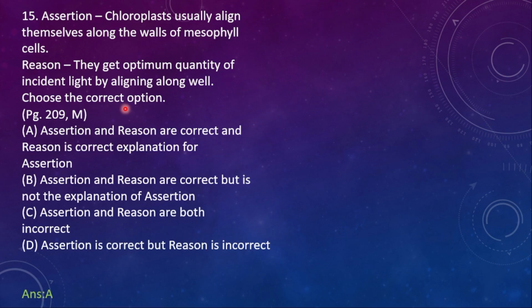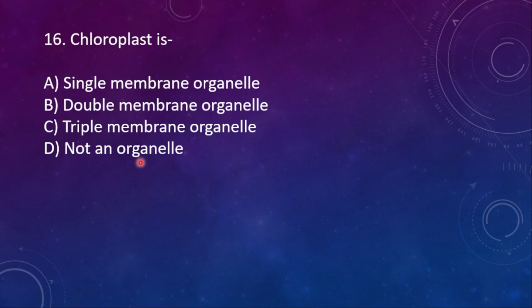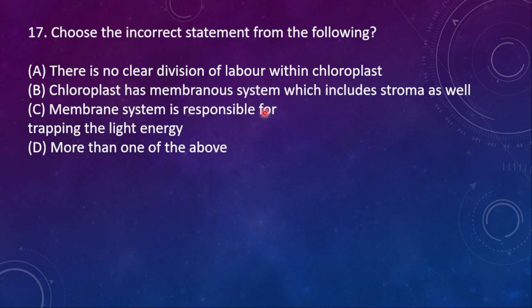Both assertion and reason are correct, and the reason is the correct explanation of the assertion. That's what option A says, and it is correct. 16th one, chloroplast is option A, a single membrane organelle. No. Option B, a double membrane organelle. Correct. So here the right option is option B.